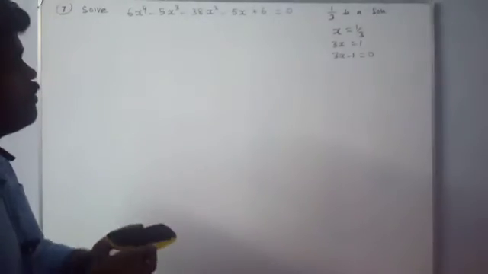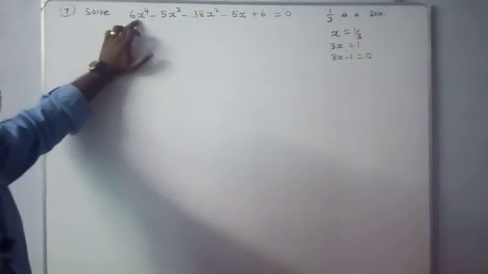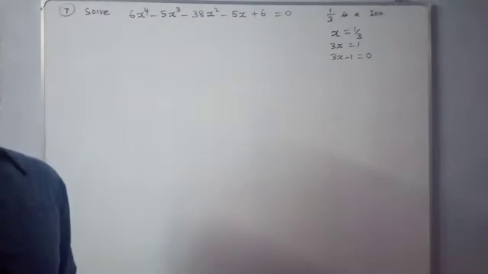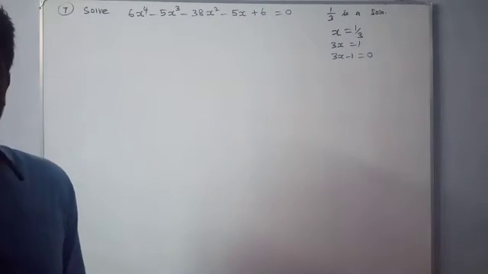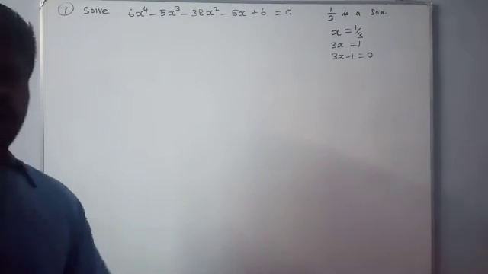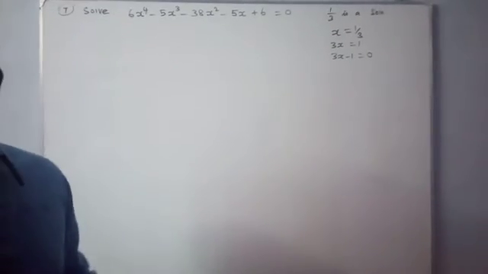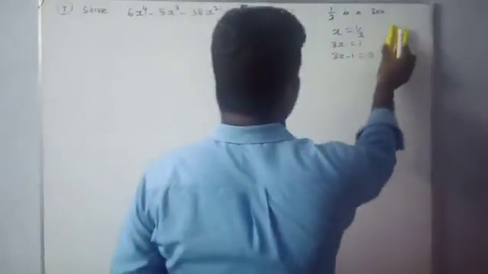We divide by this factor 3x minus 1, and the answer is a cubic polynomial, and we want to solve the cubic polynomial. This is one method, and I will go to another method.